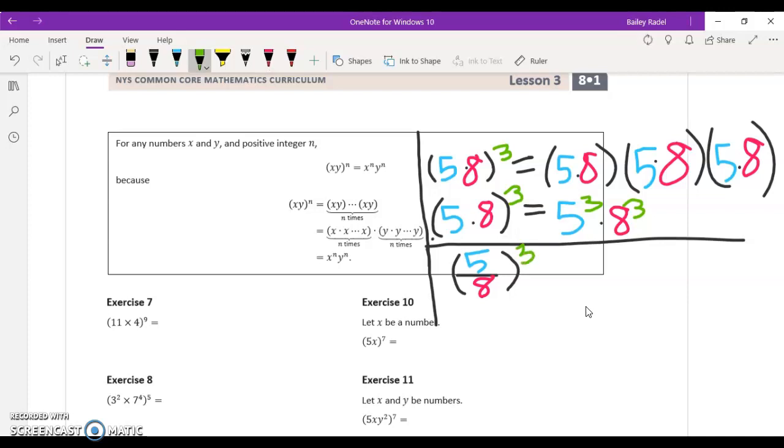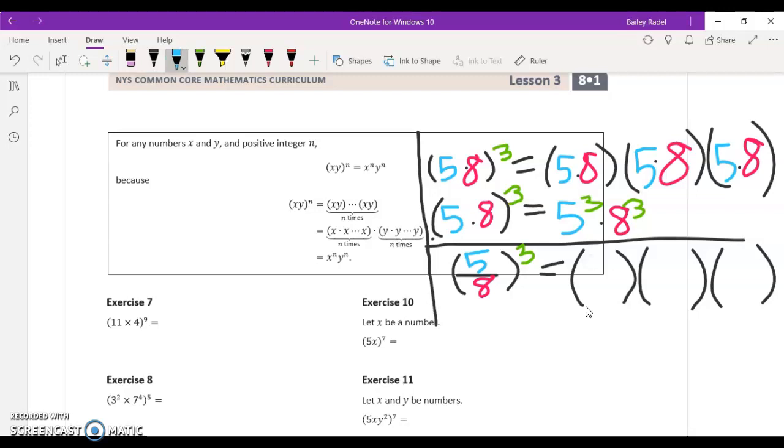So this time we're not multiplying 5 times 8, we are dividing. Again, we can write it out. The exponent means we will write out the base 3 times. Once, twice, 3 times for the exponent 3.